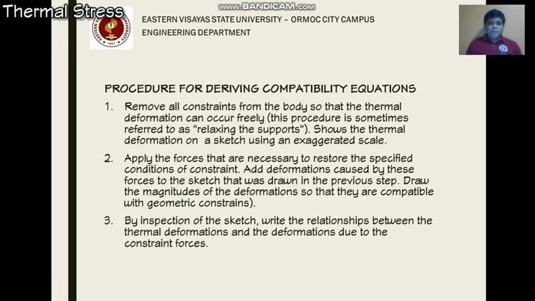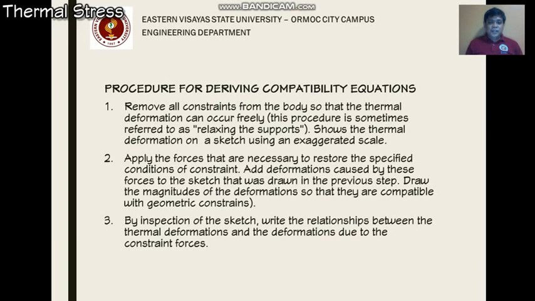Okay, so this is now the procedure for deriving the compatibility equations. So number one, remove all constraints from the body so that the thermal deformation can occur freely. This procedure is sometimes referred to as relaxing the supports. Then, show the thermal deformation on a sketch using an exaggerated scale.